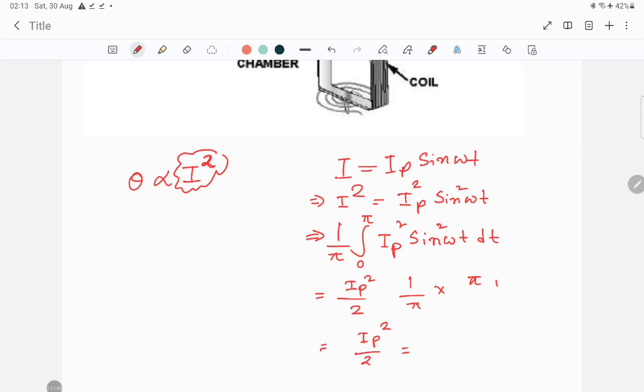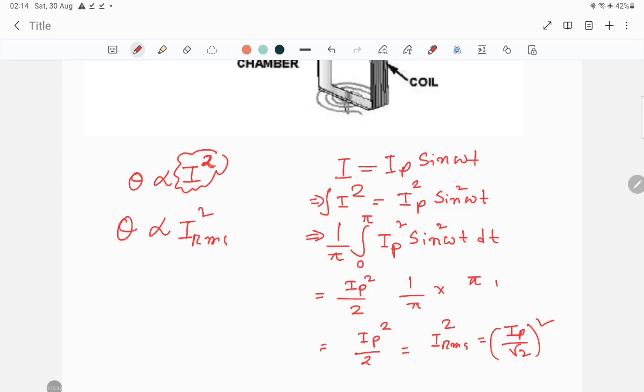So the integration of I square, this Ip square by 2, is nothing but I RMS square. Why RMS? Because I RMS is nothing but Ip by root 2, whole square. So the theta deflection is actually proportional to I RMS square.